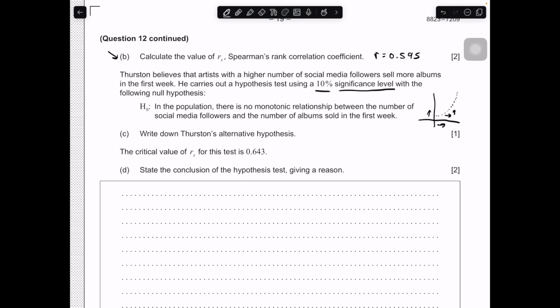Write down Thurston's alternative hypothesis. The null is that there's no monotonic relationship between the number of social media followers and the number of albums sold. So for the alternative, we would say that there is a monotonic relationship.